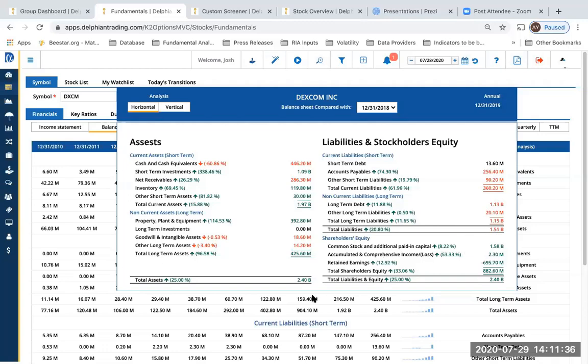The total liabilities versus the total assets falls within that 60% range, because 1.5 out of 2.4 billion is roughly around that. Don't count me on my math at this moment, but it's roughly close to 60%, plus or minus 5 here and there. But that's in the ballpark, in the right proportion.